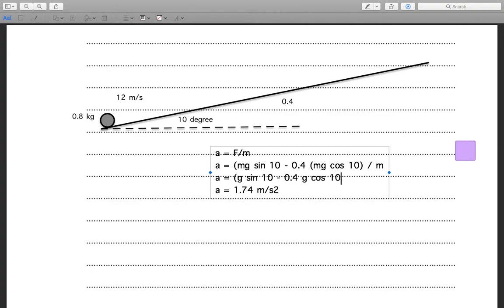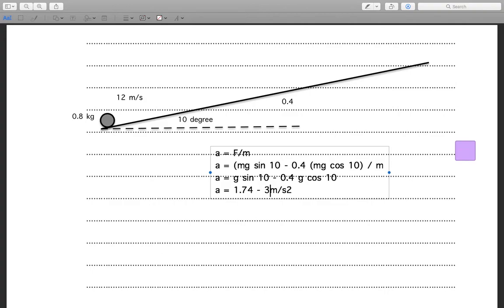Okay, we will find it first with my calculator. This is still 1.74 minus g cos theta times 0.4, cos.